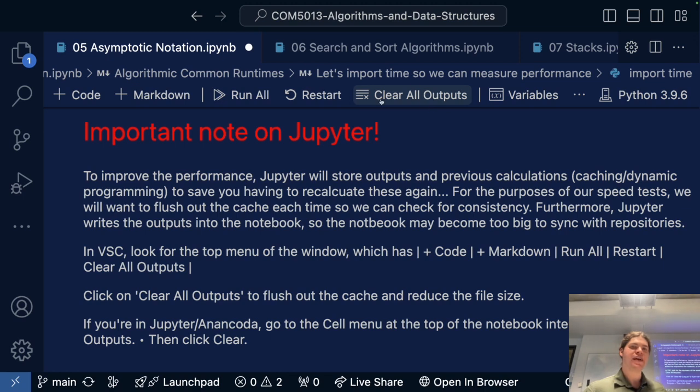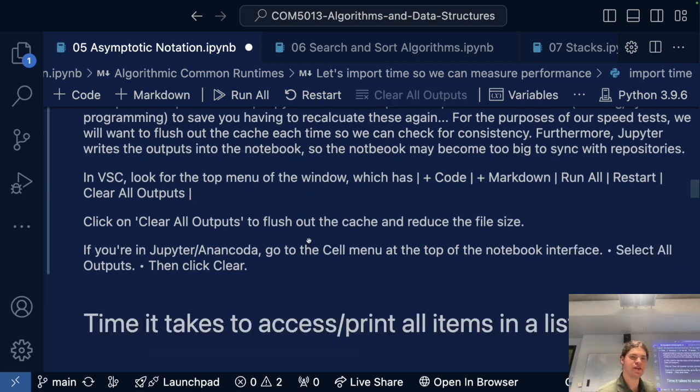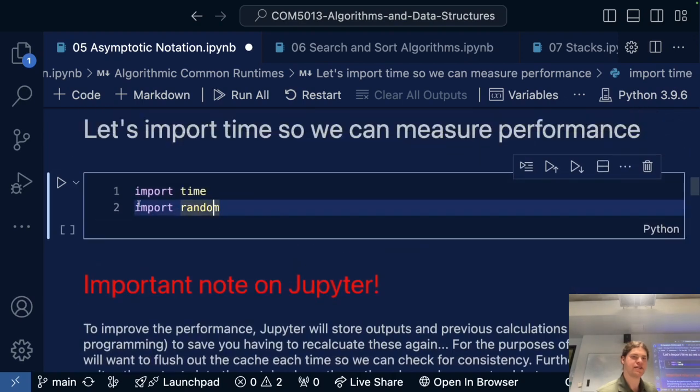There's a little trick here. You can use clear all outputs. If you're in VSC, it's elsewhere than in Anaconda Jupyter notebooks, but you'll find it in here. Just clear all the outputs so you get to run it afresh, okay? Because we don't want the cached memory to affect the performance and give us a different measurement. That's actually something else we'll get to. That's memoization, when we get to dynamic programming.